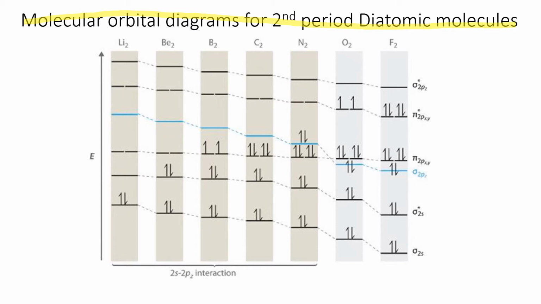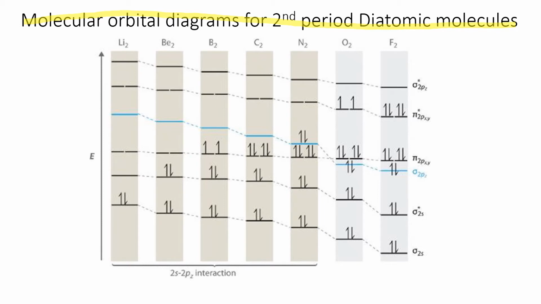We're not showing the individual atomic orbitals on the side coming in to form these molecular orbitals. The reason we're not showing that is these diagrams get very, very messy when you start showing those atomic orbitals come in. So a lot of times we crop those out. We're just focused on the molecular orbitals.